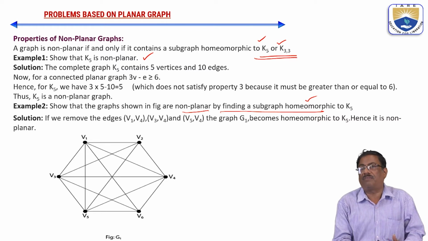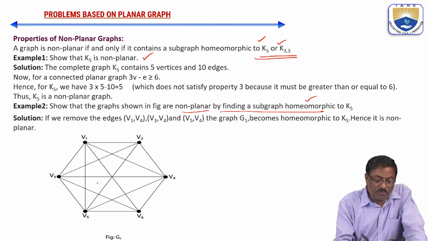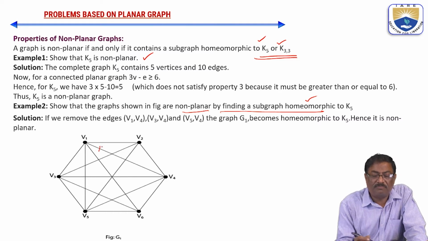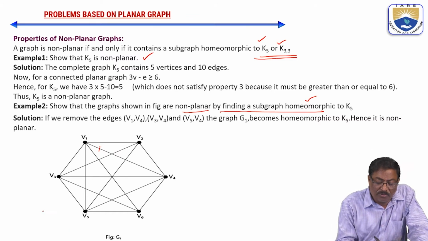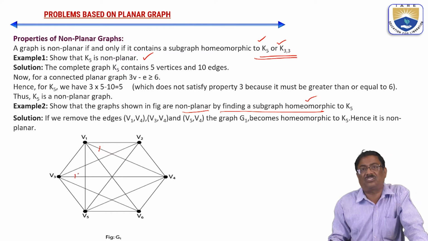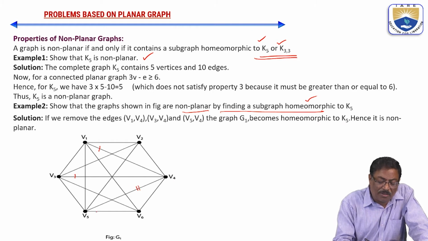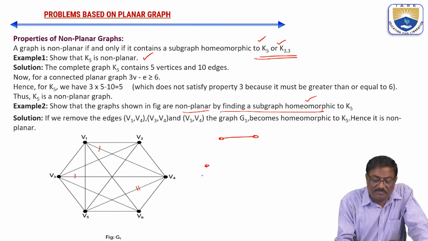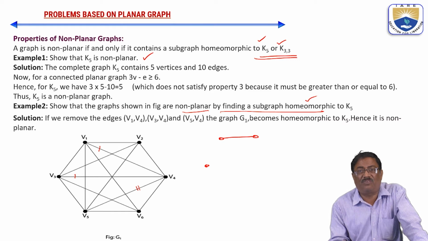Now here, I am going to remove the edge V1, V4, the edge V3, V4, and the edge V5, V4. So finally, what do I have? See, 1, 2, 3, 4, 5, 6. 6 edges are there, 6 vertices are there.